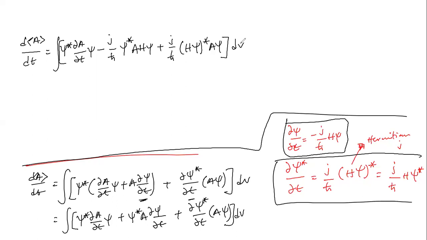Now, you will recall that the expectation value, say, of the position is given as the integral of psi conjugate r psi dV. And when you look closely, you see that this particular component is more like the expectation value of dA/dt, okay? Because we have the psi conjugate where r is replaced by dA/dt, then psi.